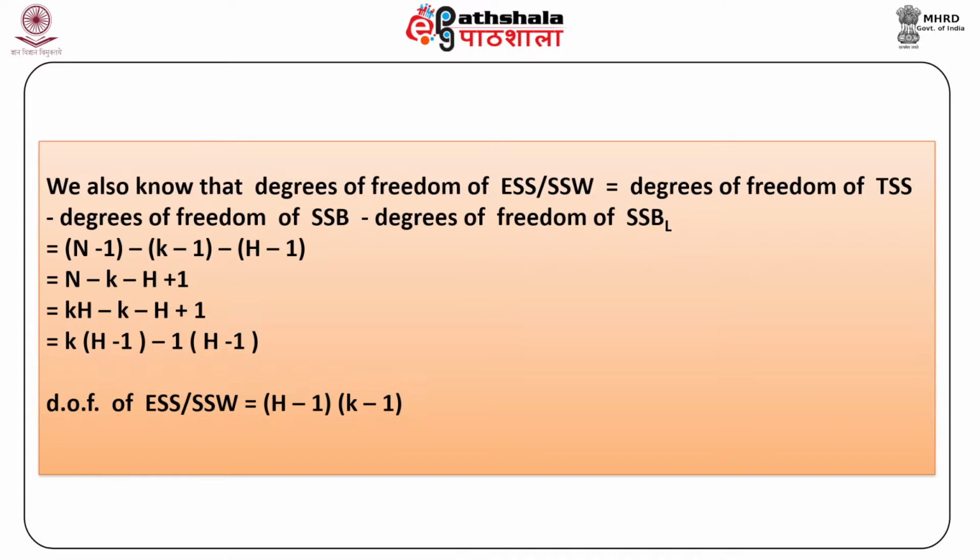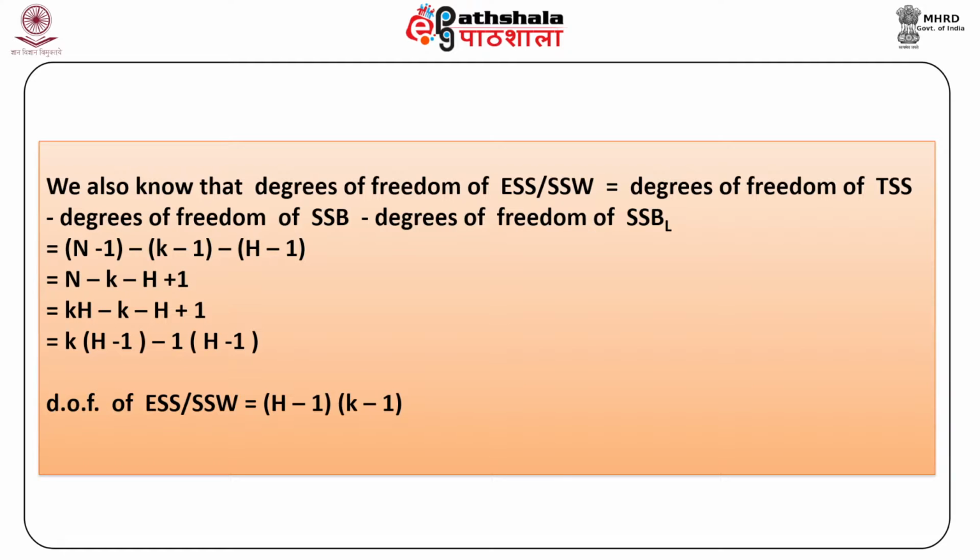We also know that the degrees of freedom of ESS or SSW is equal to the degrees of freedom of TSS minus the degrees of freedom of SSB minus the degrees of freedom of SSBL.